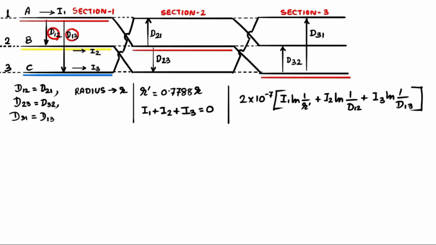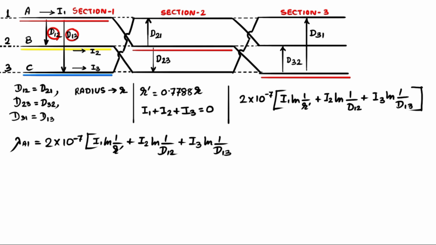As a result, the flux linkage of conductor A due to its own current and the currents in the other two conductors can be written as lambda A1 is equal to 2 multiplied by 10 to the power minus 7 multiplied by the quantity I1 logarithm of 1 by r dash plus I2 logarithm of 1 by d12 plus I3 logarithm of 1 by d13. This expression represents the flux linkage of conductor A in section 1.